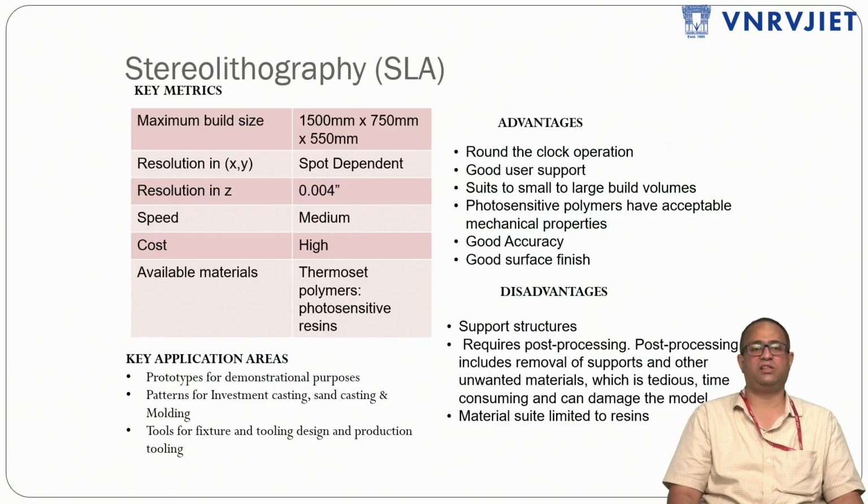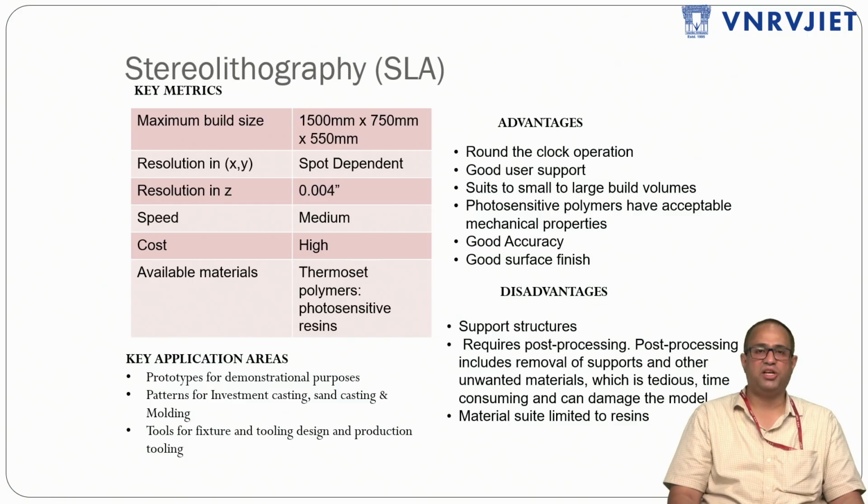The maximum build size is 1500 mm by 750 by 550 mm, that is L, W, H. Resolution is spot dependent, and resolution in Z is 0.004 inches, and the cost is very high. Available materials are all photopolymer liquids, which are thermoset polymers that act as photosensitive resins.